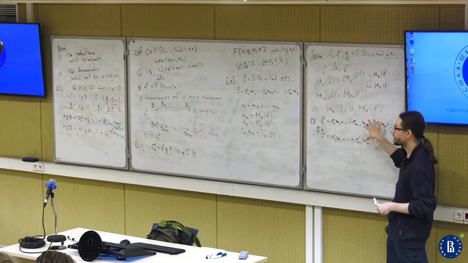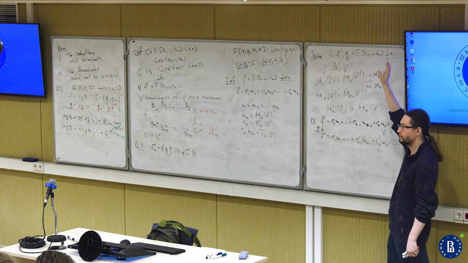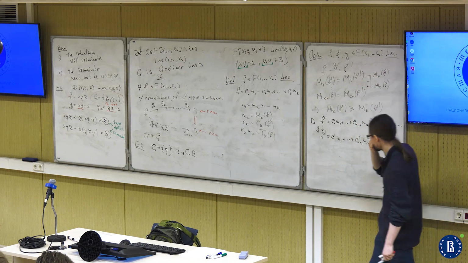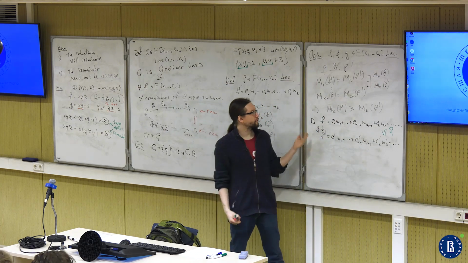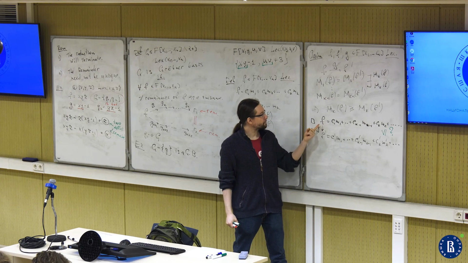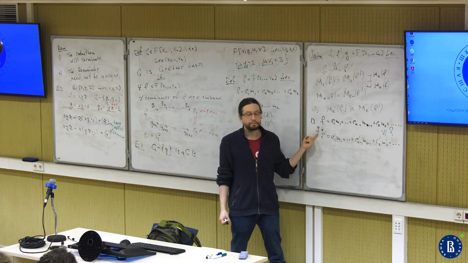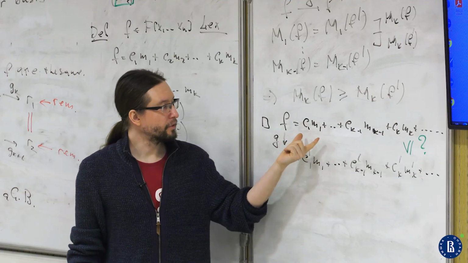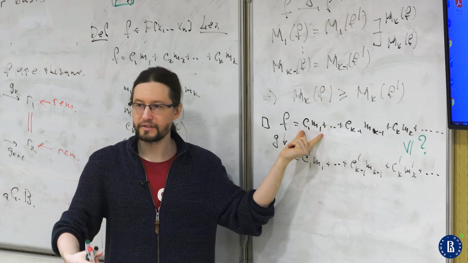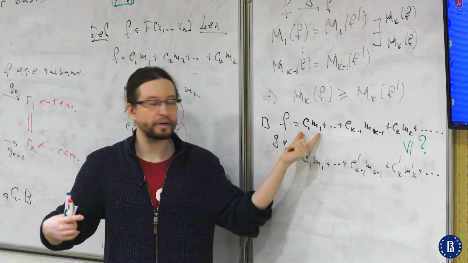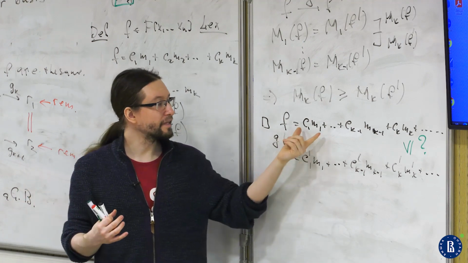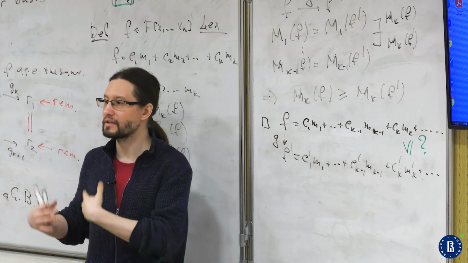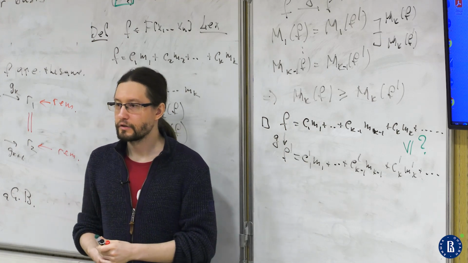Okay, now who thinks that the claim becomes clear? Now, let's recall: what does it mean that we have a reduction of f by g? It means that we have chosen a monomial here, we killed this monomial, and we replaced it by the tail of g times something. But in any case, we replaced a monomial by a sum of strictly smaller monomials, okay?